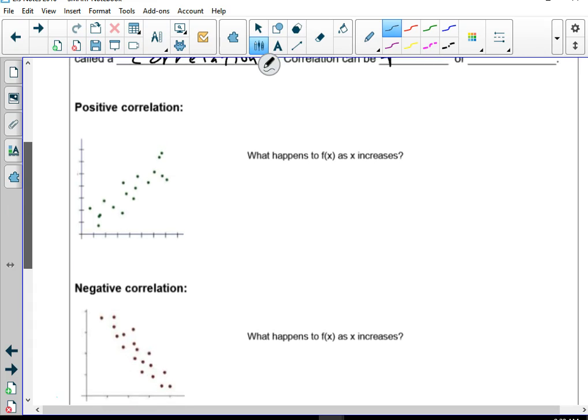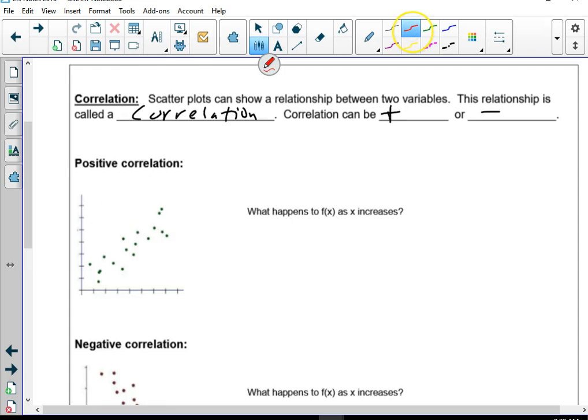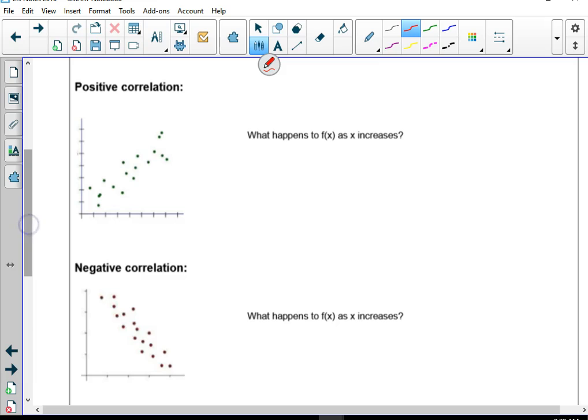Now, if you think about what this looks like, it looks kind of linear, right? So if we look at the line that's inside the cloud of data, is it increasing or decreasing?